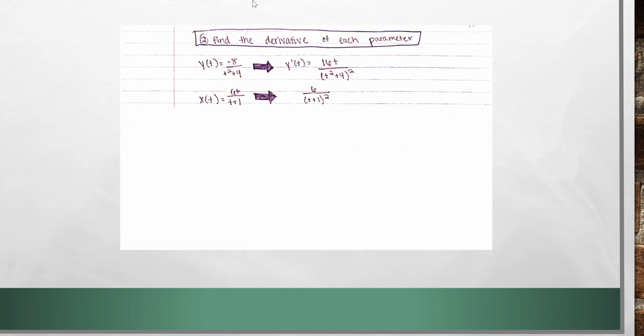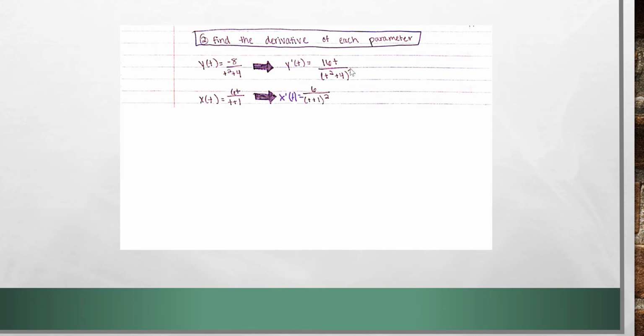The second step to this problem is to find the derivative of each parameter. This is very simple. We know that y prime of t equals 6t divided by t squared plus 4 squared. And we know that x prime of t equals 6 divided by t plus 1 squared.